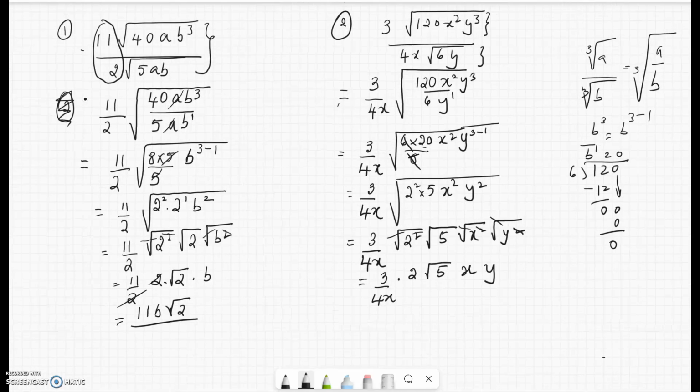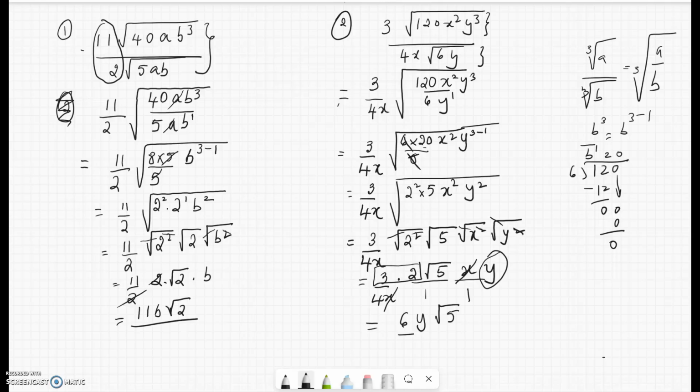Combining all the terms and cancelling whatever I can, I get 3 times 2 is 6, y from here, radical 5 over 4. I should have cancelled the 2.